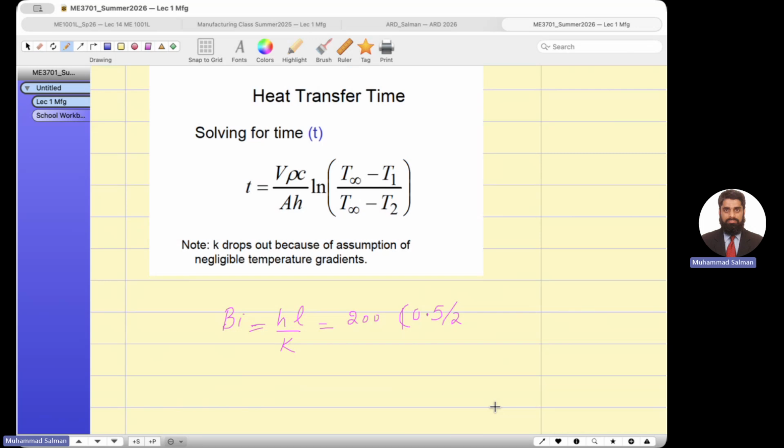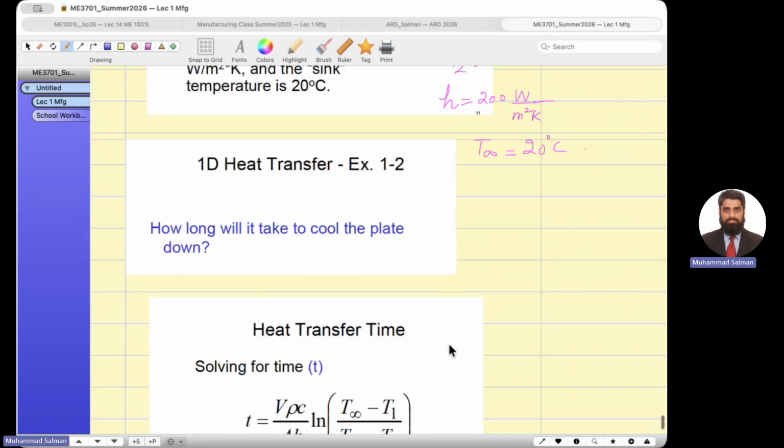Is it 0.5 inch? What is our thermal conductivity? 393.